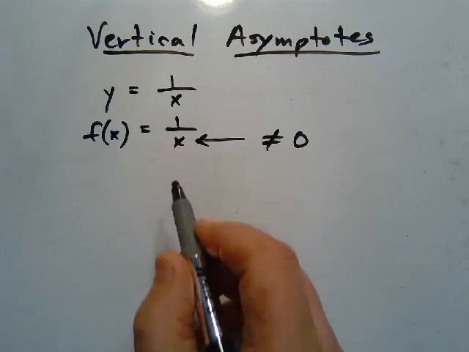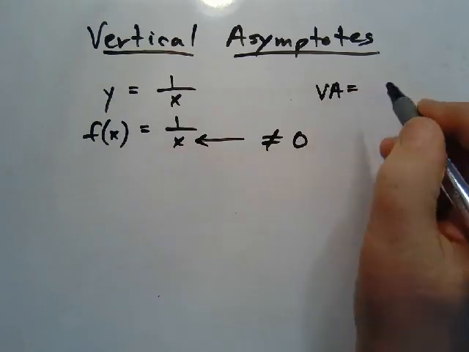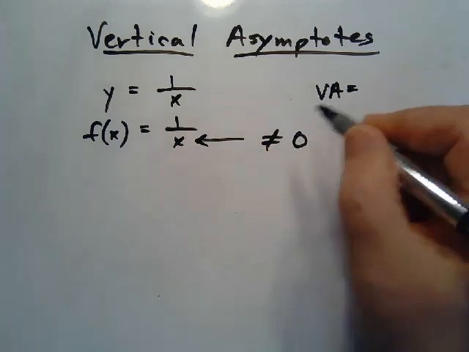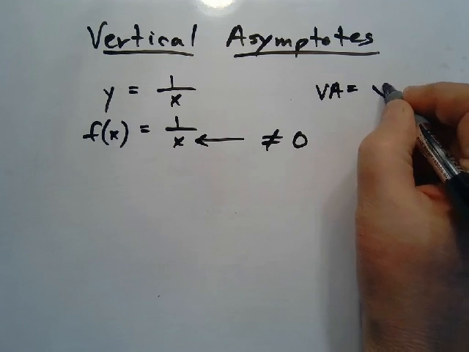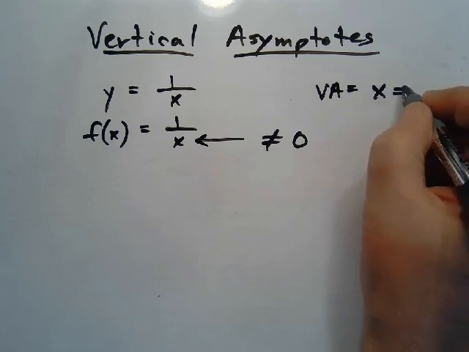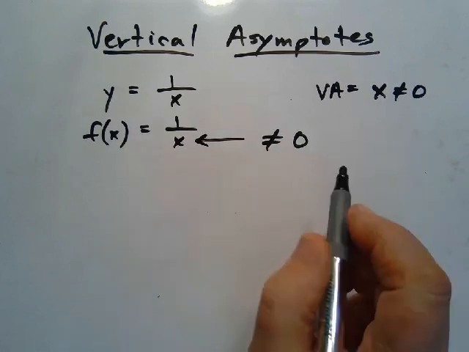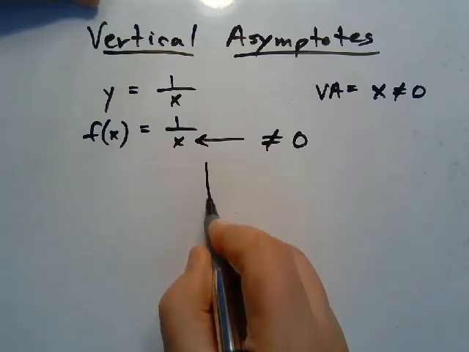So in this particular case, the vertical asymptote happens to be what the denominator cannot be, and what the x can't be in the denominator. So in this case, the vertical asymptote is that x cannot be equal to 0. Now, as we get into more difficult functions, that means the asymptotes may not be 0, might be others.